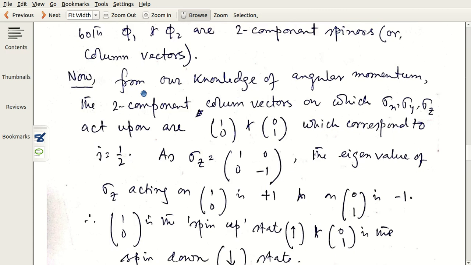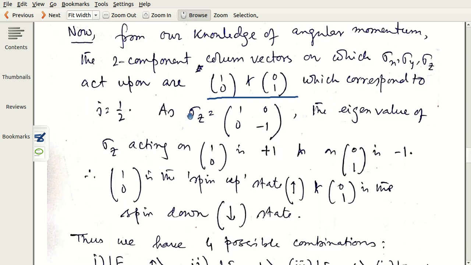Now we look back to our knowledge of angular momentum, where we used two component column vectors. We used them previously, 1 0 and 0 1. We used them as the eigenfunctions of the Pauli spin matrices sigma x, sigma y, sigma z, and these sigmas are important in this algebra also.